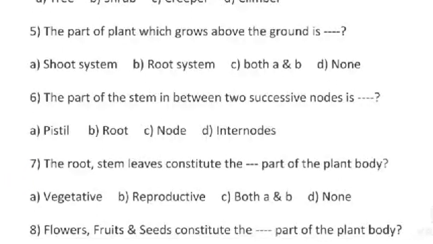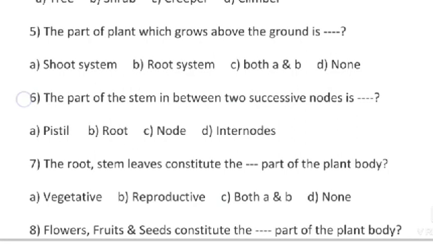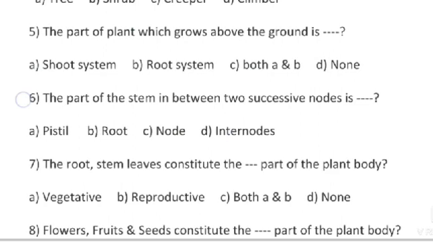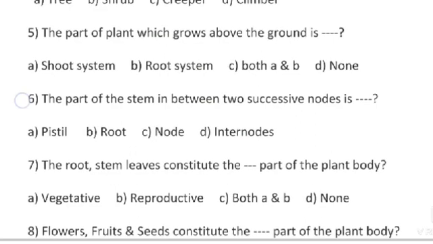The part of the stem in between two successive nodes is A pistil, B root, C node, D internode. The answer is internode.